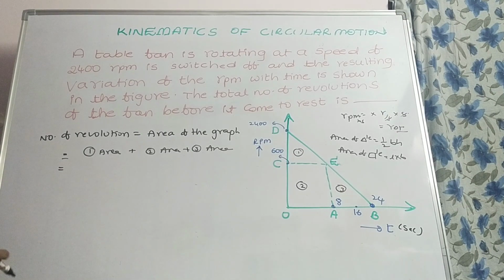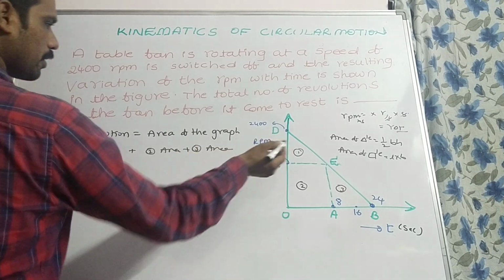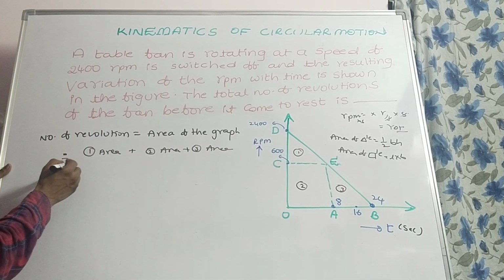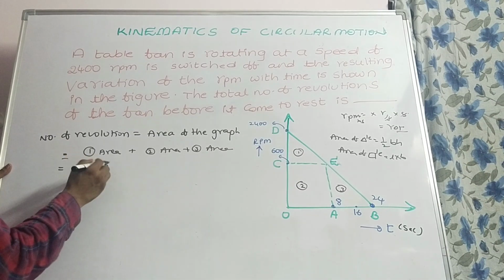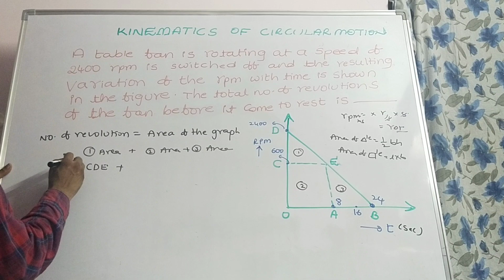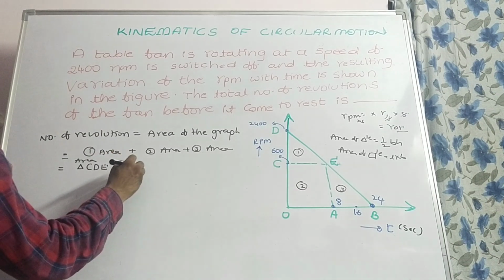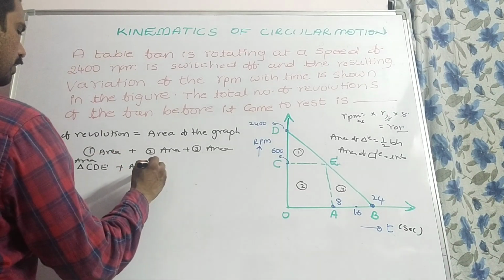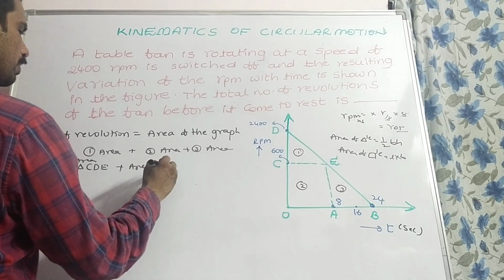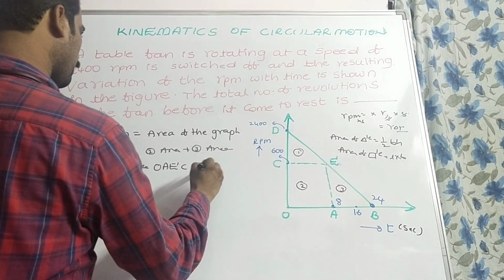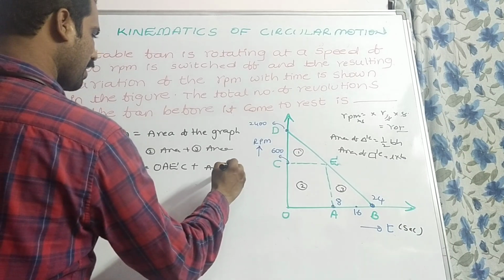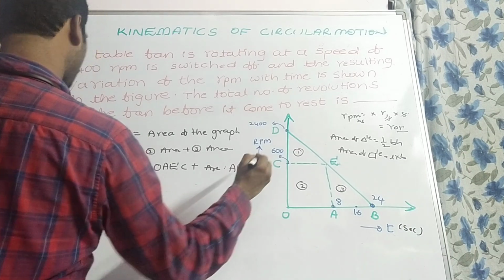That is nothing but area of triangle CDE plus area of rectangle OAEC plus area of triangle ABE.